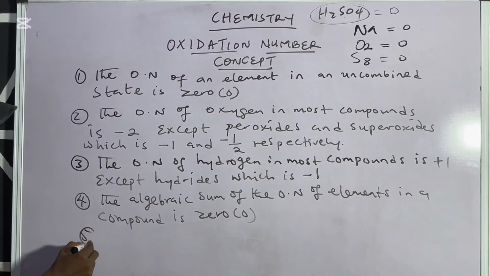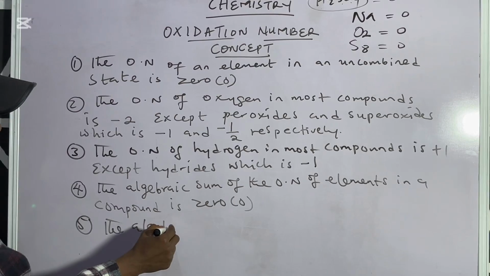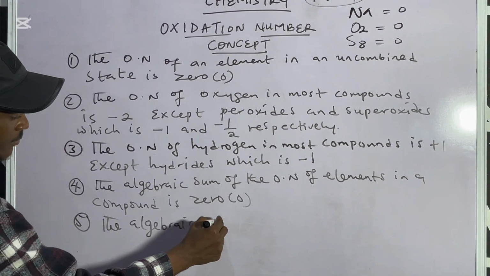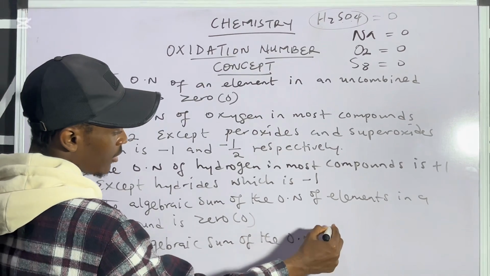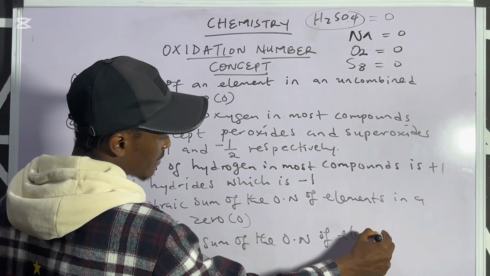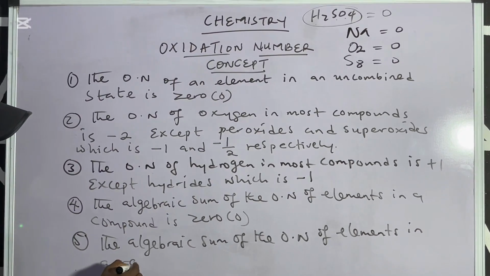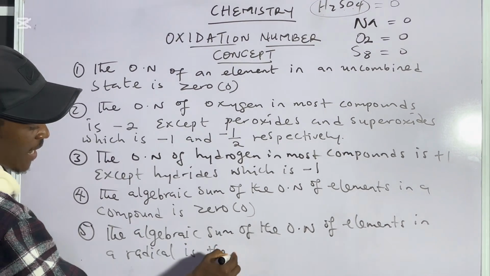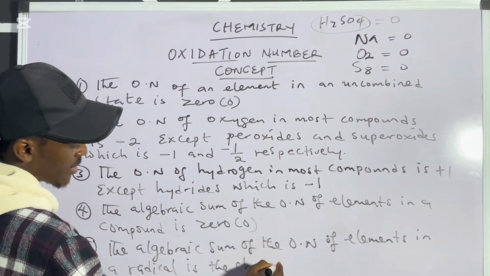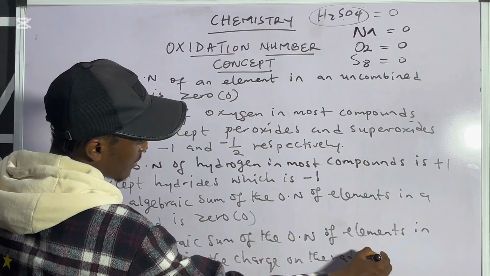Then rule 5: the algebraic sum of the oxidation number of elements in a radical is the charge on the radical. What are radicals? That's the question.